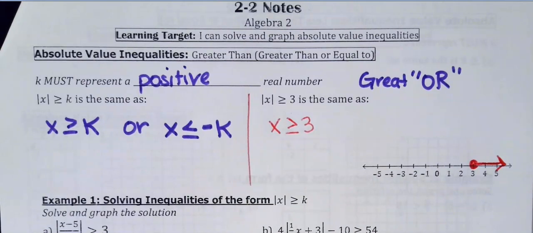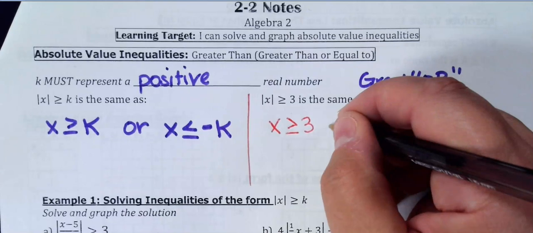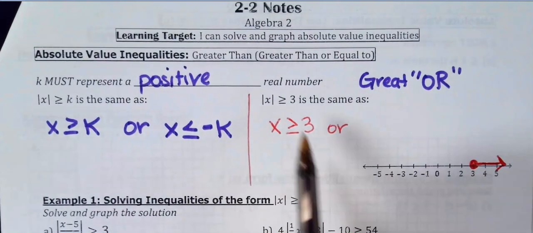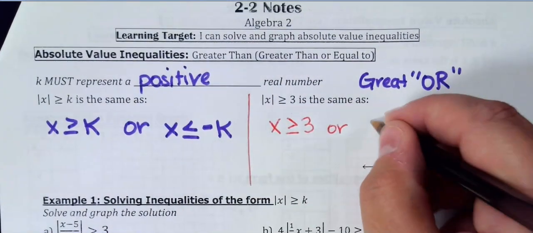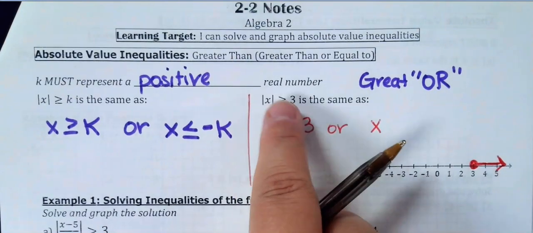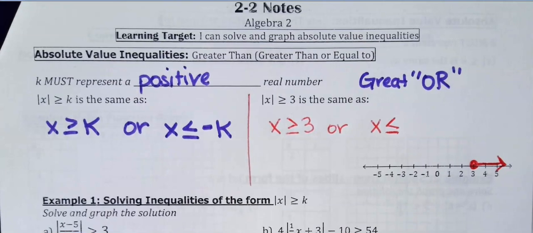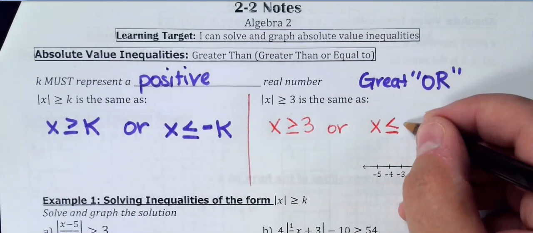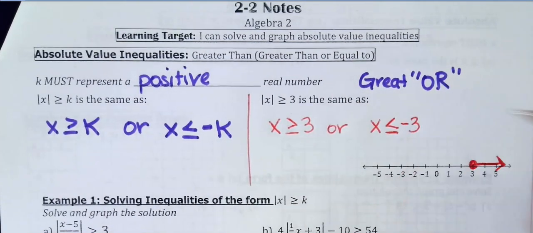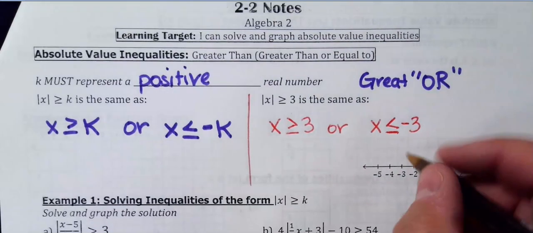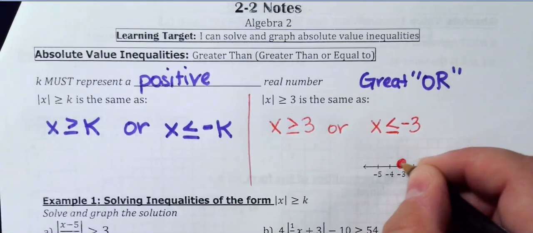Okay, now, when you're working with an absolute value, if it's greater than, which it is, I'm just going to write "or" really quick. And what I'm going to do is copy that exactly how I saw it, just the X. I'm going to flip the inequality symbol to go the opposite direction. And then I'm going to also write down the opposite, or just flip that number to be -3. Now I know this is a little bit weird, but think about this with me for a second. So I'm going to have a lovely little closed circle at -3.